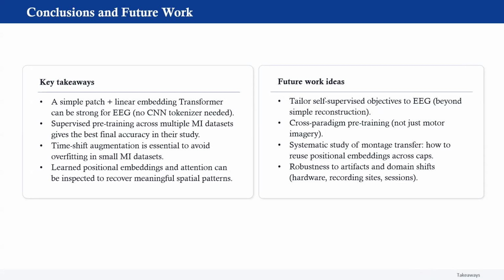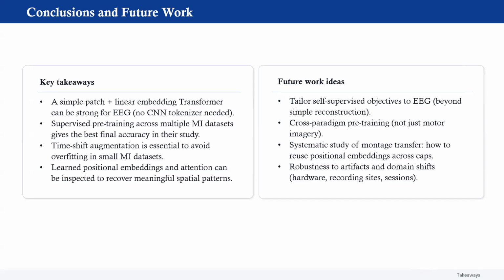So future ideas, there can be quite a few things. Maybe we can tailor the self-supervised objective to be more aligned to EEG. We can do cross-paradigm pre-training, not just motor imagery. We can look at the montage transfer in more detail.